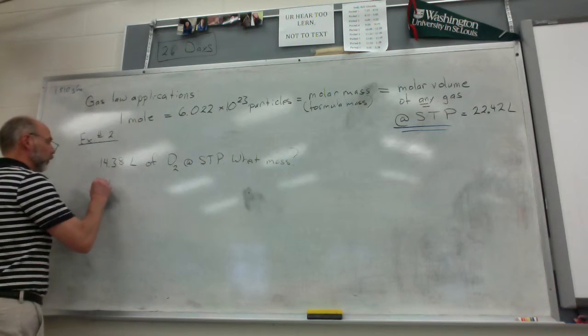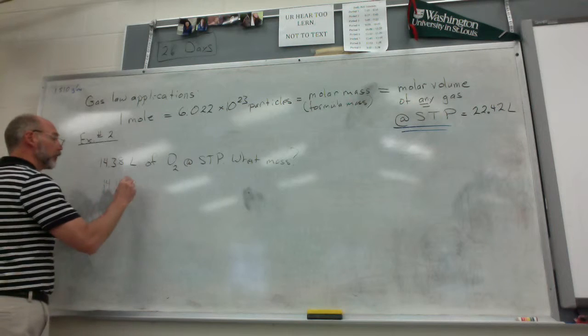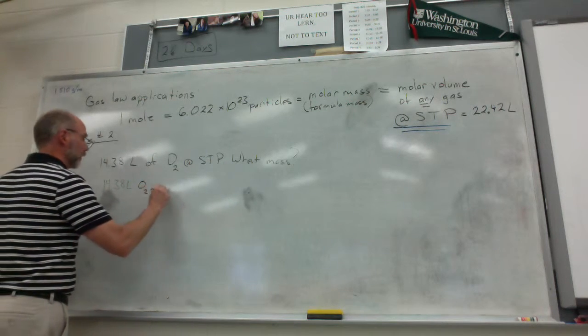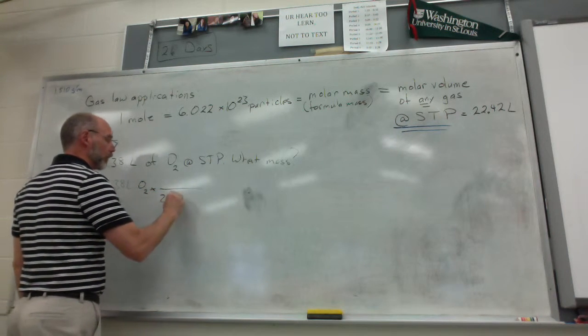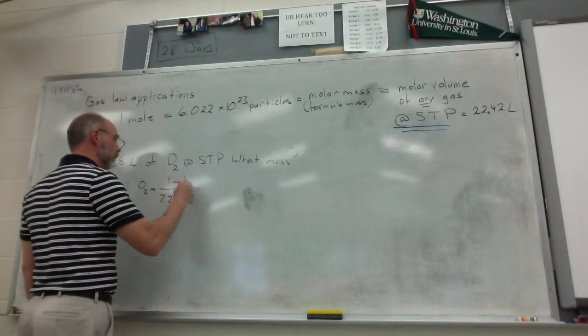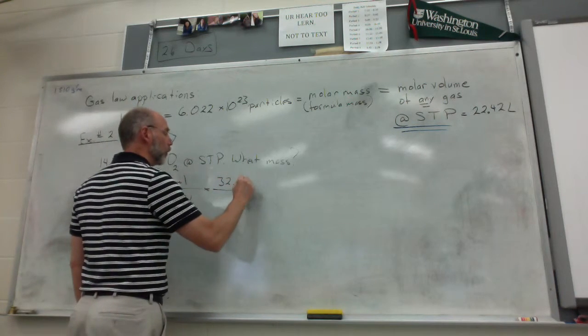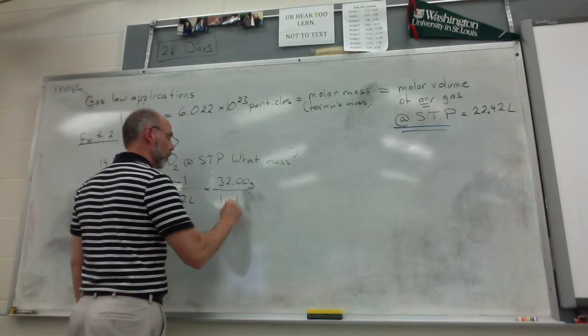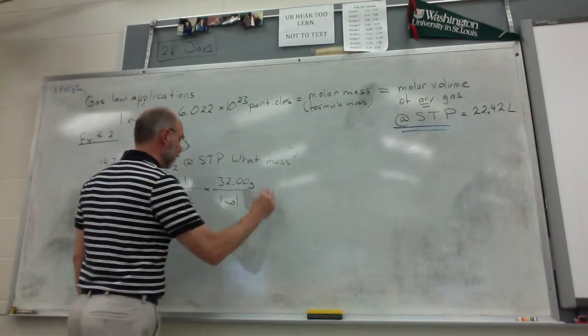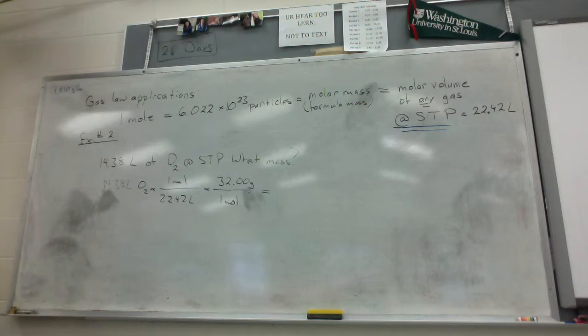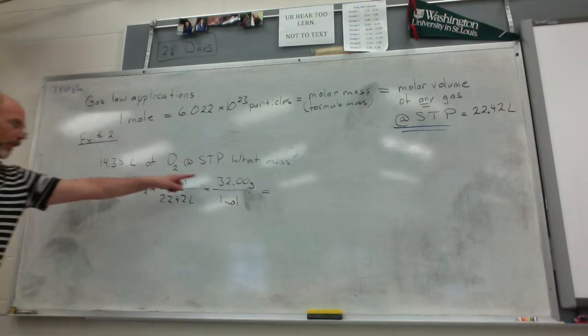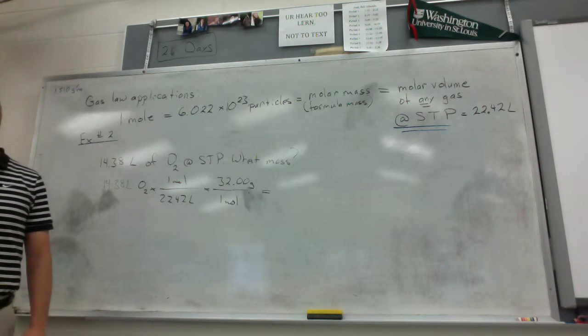So, 14.38 liters, 22.42 liters per mole, and as we all know, oxygen is 32.00 grams per mole. You can do that in one step.